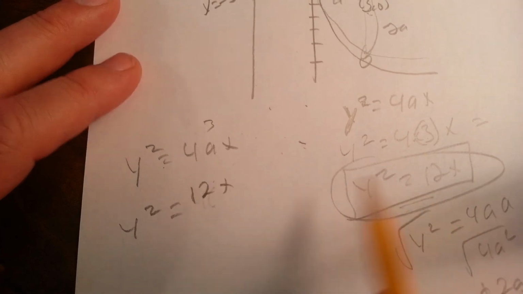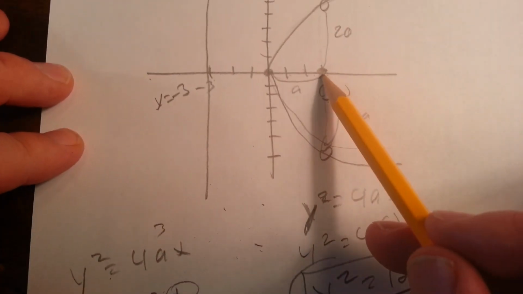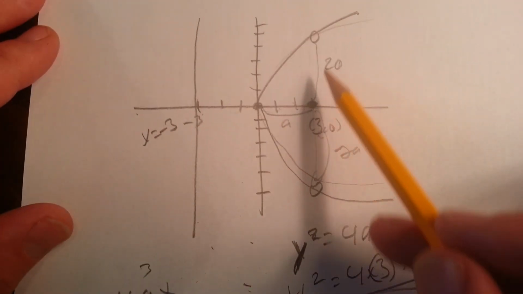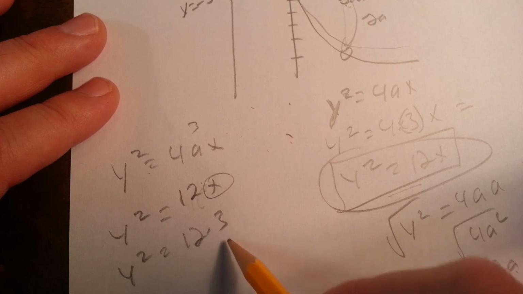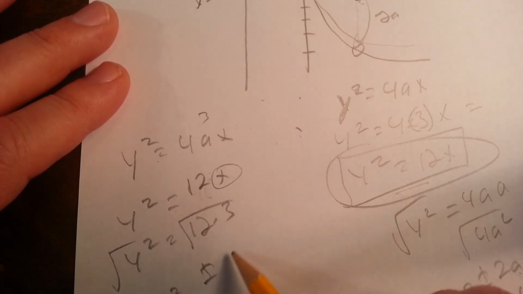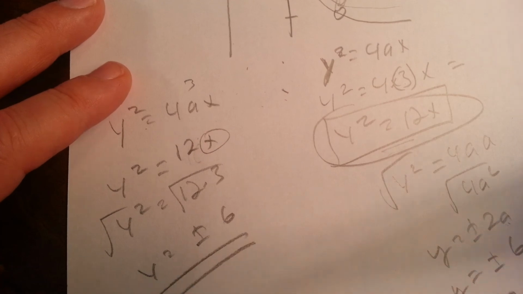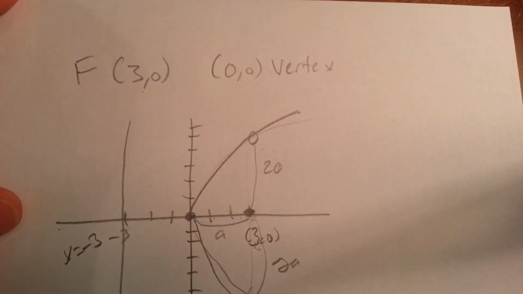We've got this equation. Well, we want to get the points on the latus rectum. We want to plug in 3. You plug in the coordinate for the focus. Y squared equals 12 times 3, which is 36. And I square root both sides. Y equals plus or minus 6. Okay? And that's how I can get this. So that's us working equations.